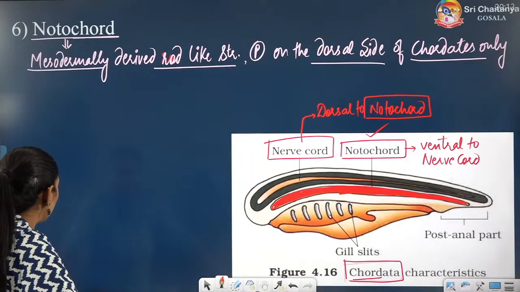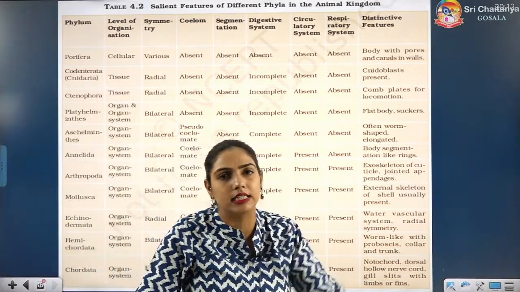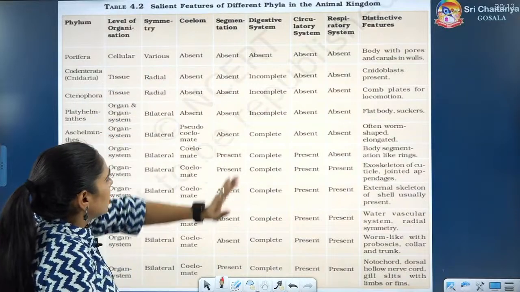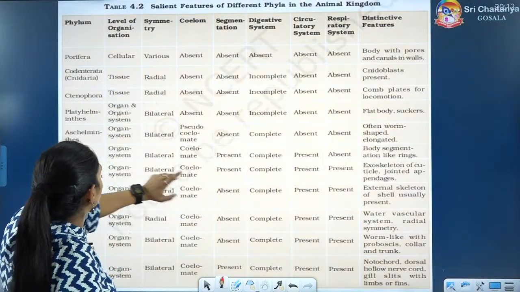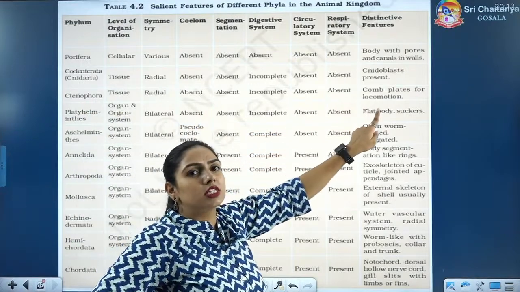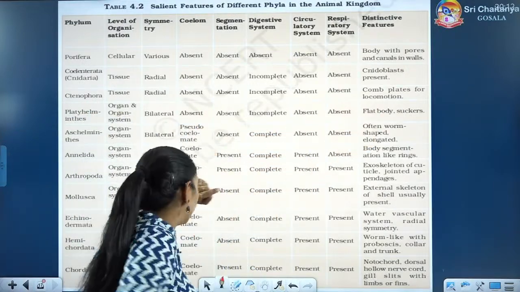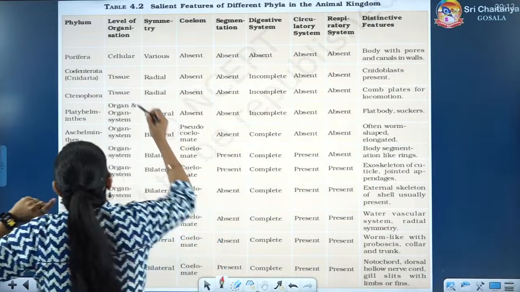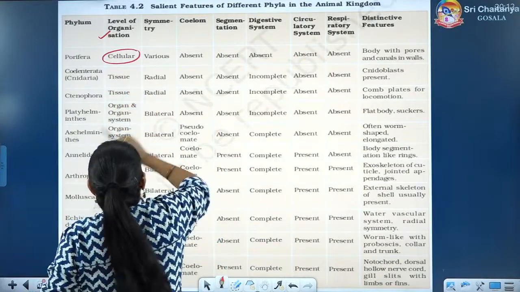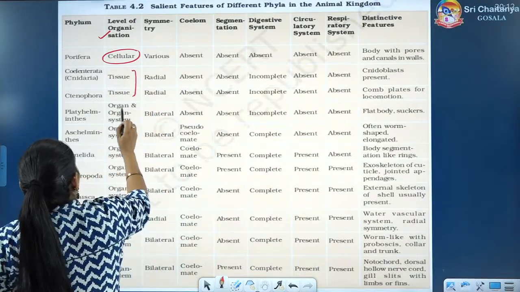So I hope you have understood all these features on the basis of classification. You can revise all these features of all the phyla through this important table which is given at the last of the animal kingdom. In this you can talk about the level of organization: cellular level, tissue level, organ level.